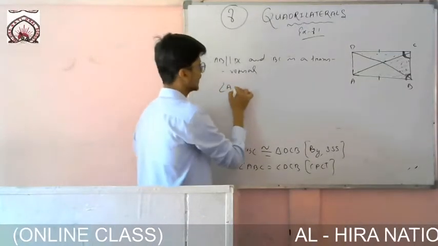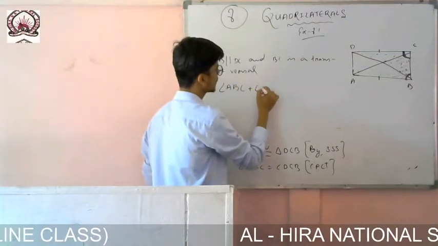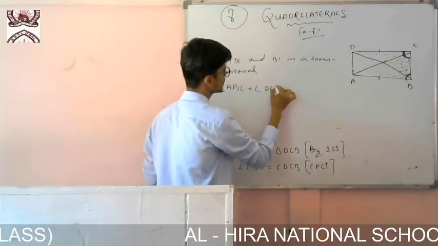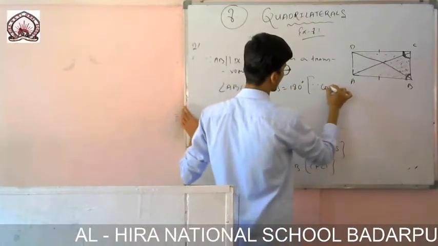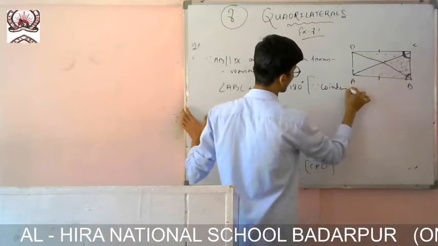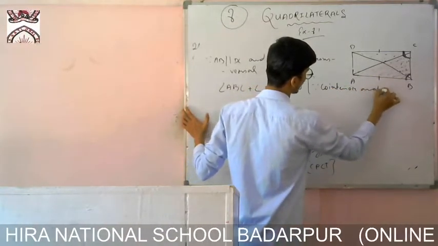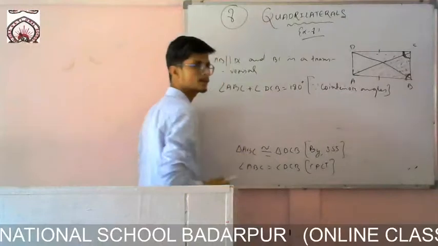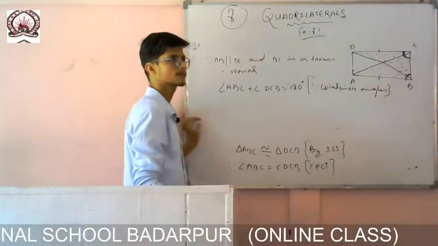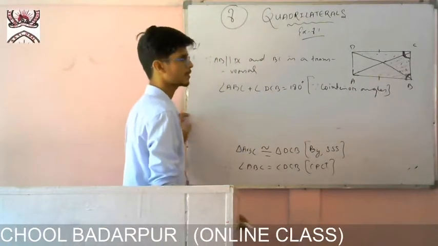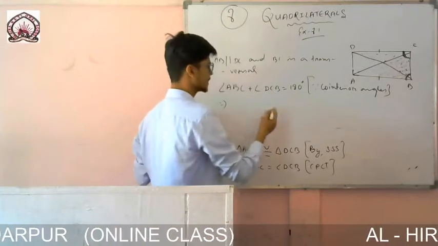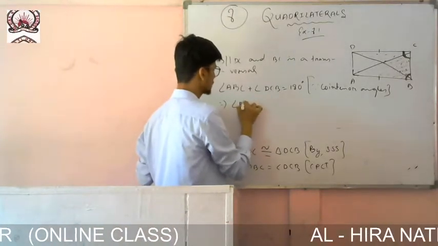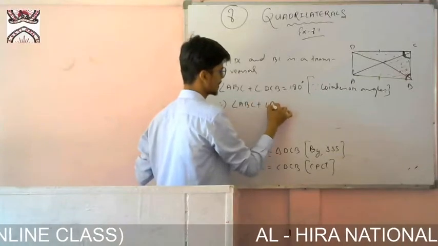So angle ABC plus angle DCB is equal to 180 degrees, since co-interior angles. Since these two are equal, I can write angle ABC plus angle ABC.